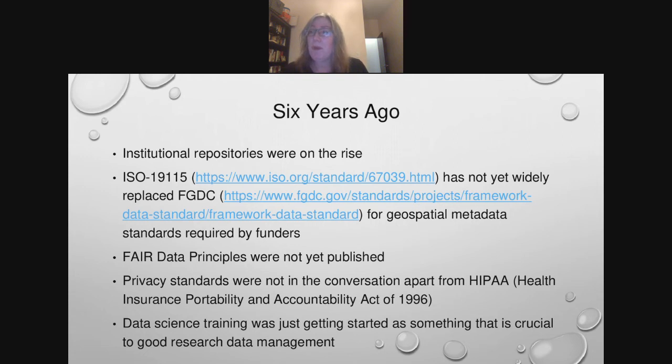When we went in to look at the actual data, it was by household and they had the address. So we could not put that in our repository, because our repository at UCSD is totally open. So that one didn't go in. But we actually had to look at the data to find that out. And finally, data science training was just starting to be recognized as a crucial service for research data management and for the people who do the services.